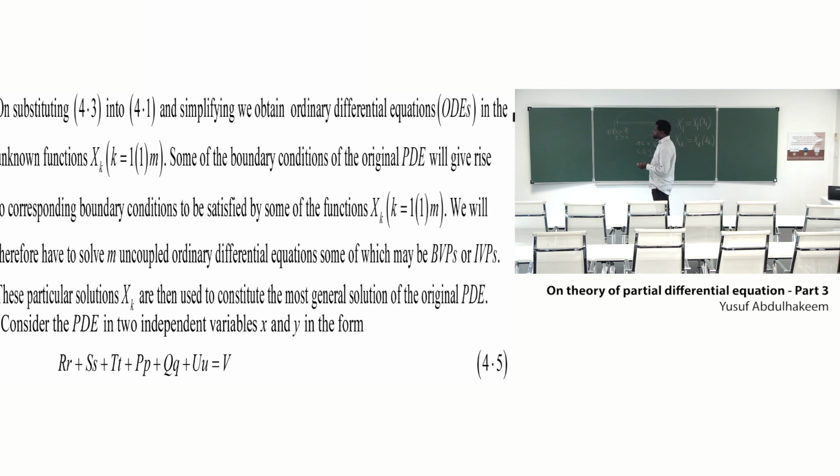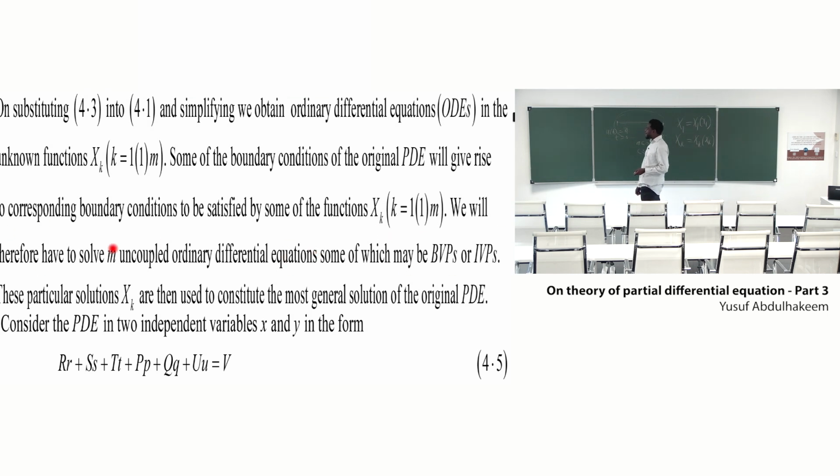So, simplifying, we obtain an ordinary differential equation in the unknown function Xk, where k takes value from 1 to m. Then some of the boundary conditions of the original PDE will give rise to corresponding boundary conditions to be satisfied by some of the functions Xk.